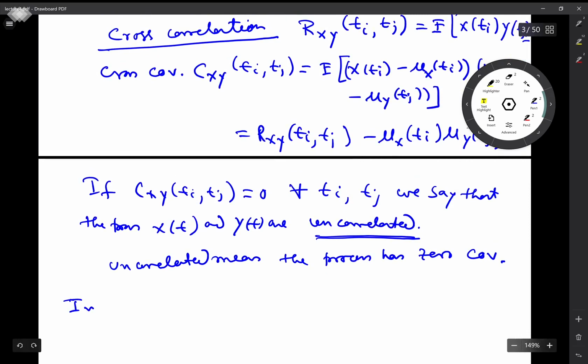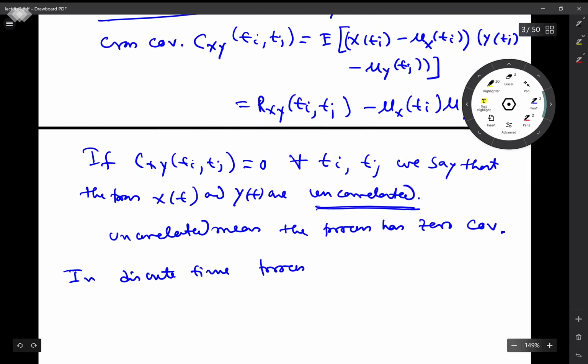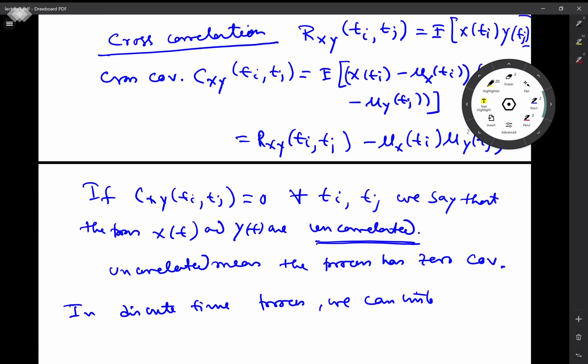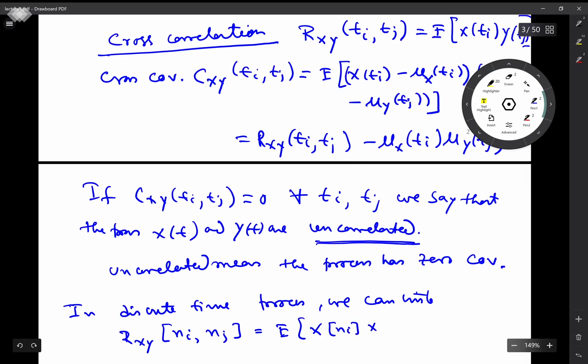In a discrete time process, where the time is discrete, we can write Rxy(ni, nj) equals E of X(ni) Y(nj).